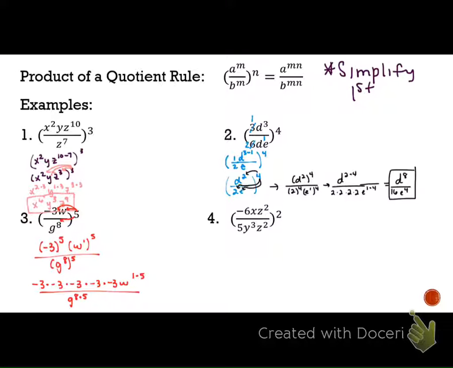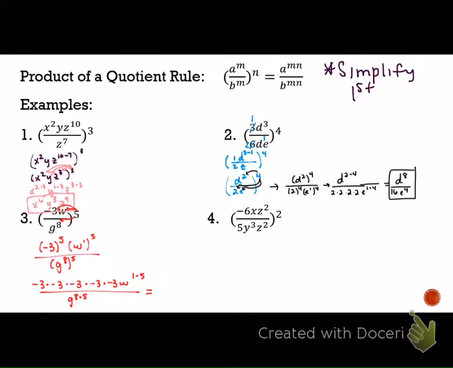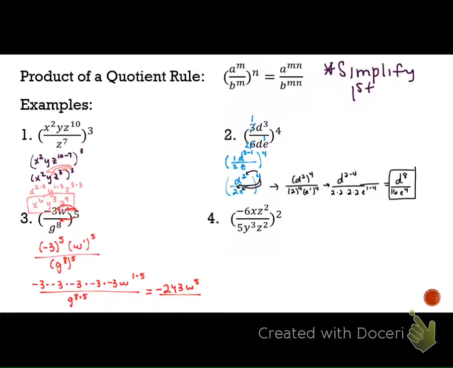It doesn't hurt you. It might take a little bit of time, but that's about it. So what's negative 3 times negative 3 times negative 3 times negative 3 times negative 3? Negative 243. And then we multiply, so 1 times 5 is 5. G to the 40th.